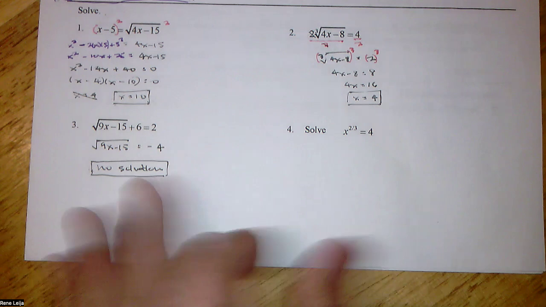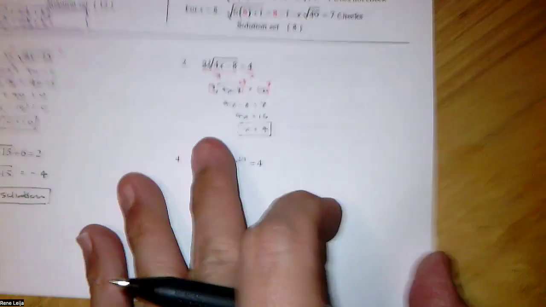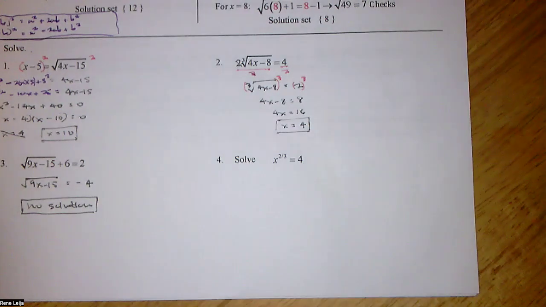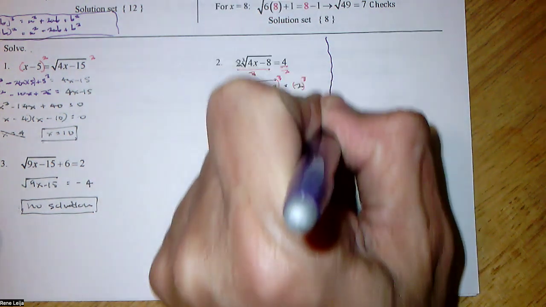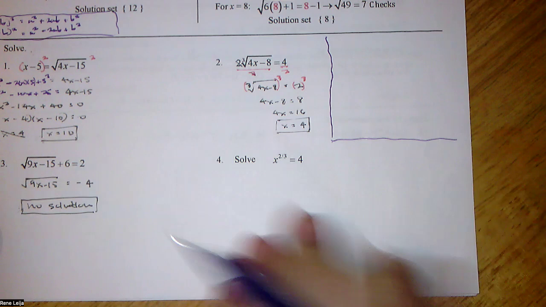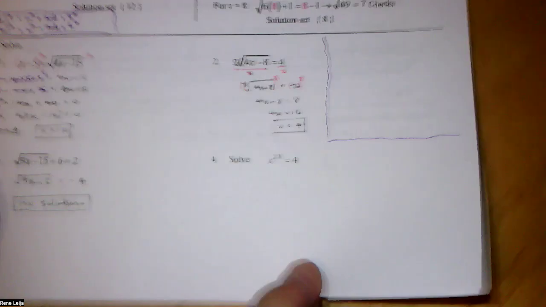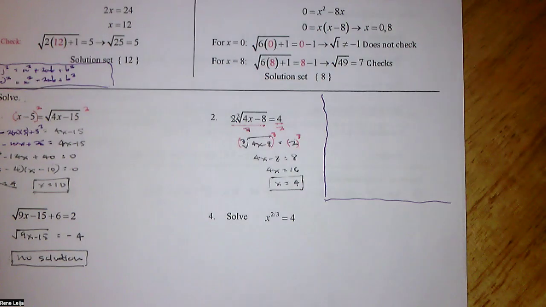Now, number 4, I'm going to explain this a little bit different than how I did this in class. And I need to make a note off to the side, because this is part of 4-5, which we didn't cover. But I do need to talk about what is a rational exponent.